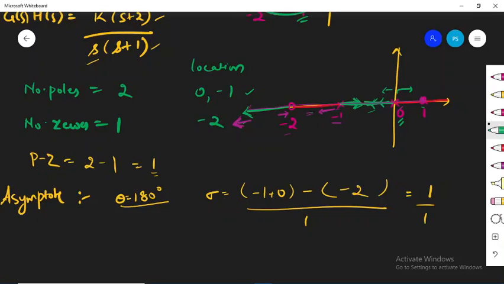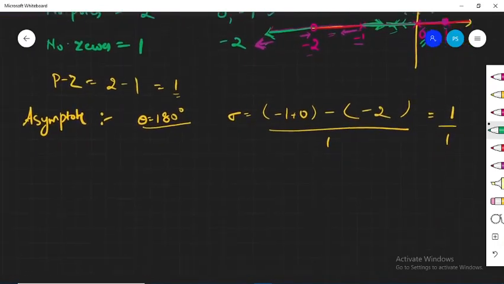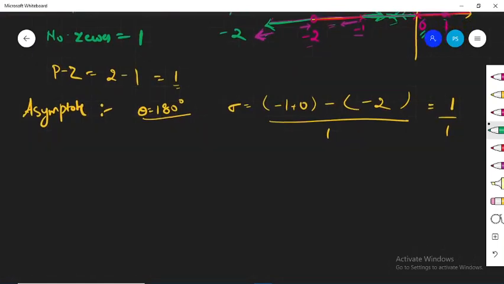So here the concept of breakaway comes in, which I had discussed in the previous video. If you want to find the value of the breakaway, you have to do dk by ds. You find out the value of k, differentiate it with respect to s, and then find the roots of that equation. Those roots will give you the breakaway and break-in points.